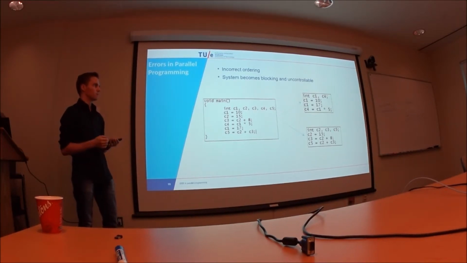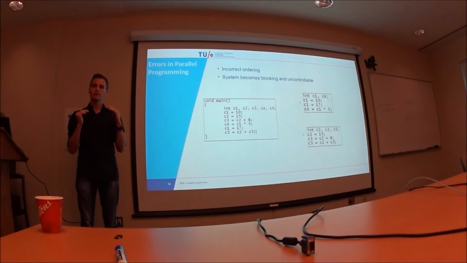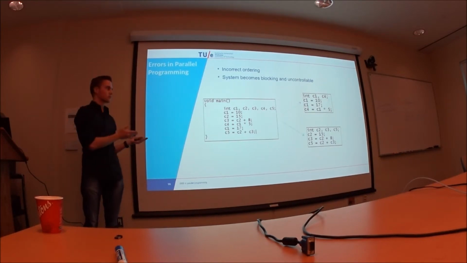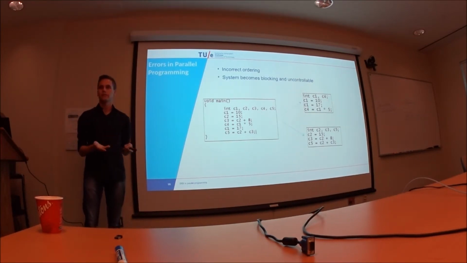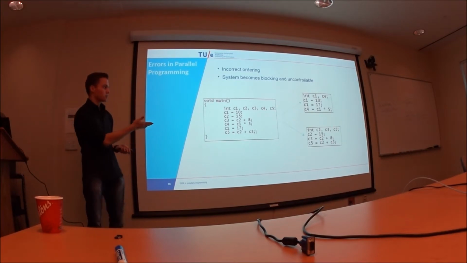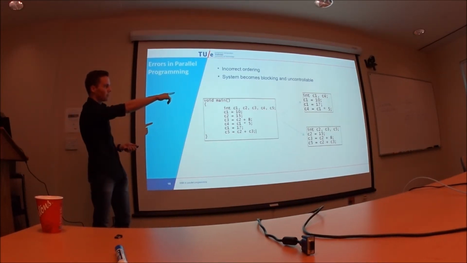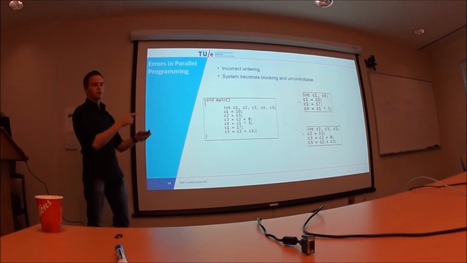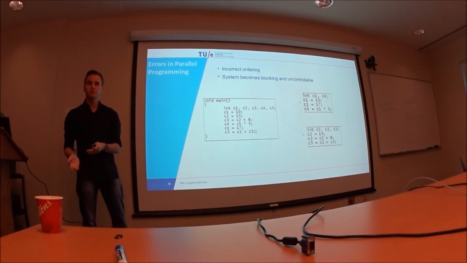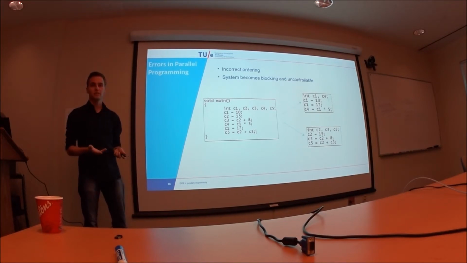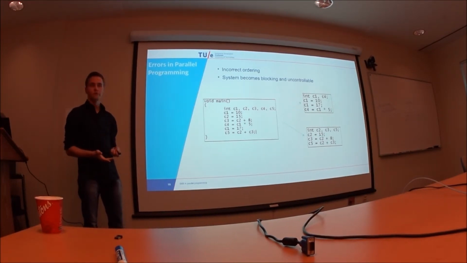One of them is if you have two dependent lines of code, they have a correct ordering and an incorrect ordering. If you implement incorrect ordering, we want the system properties to indicate that we made a mistake. In this case, I purposely made a mistake, because you can see the top one has an incorrect ordering. I modeled this, imported it into Despot, and as it turns out, the system became blocking and uncontrollable, which is good because this indicates that we indeed found the error.